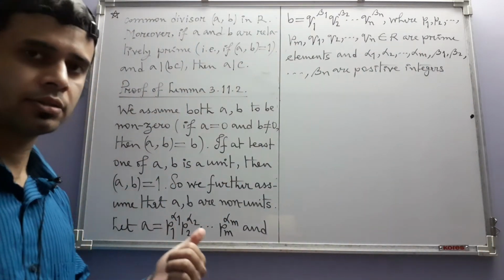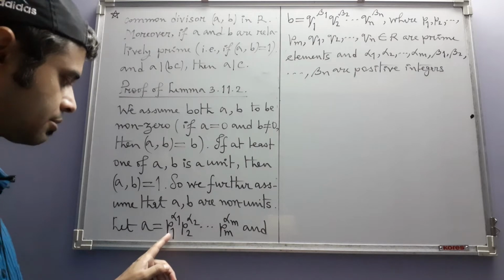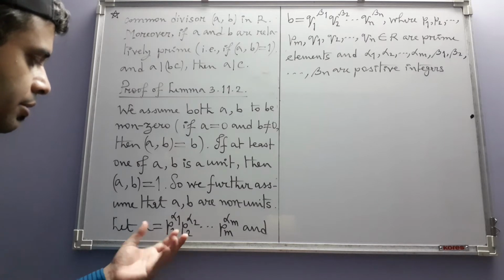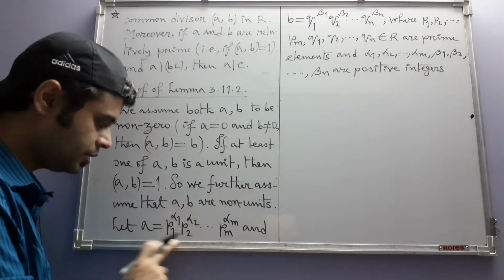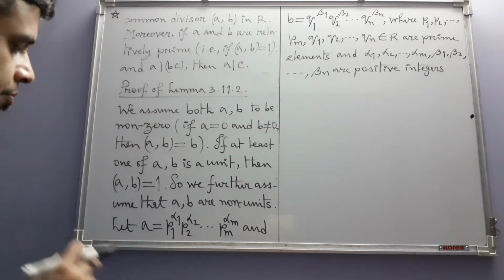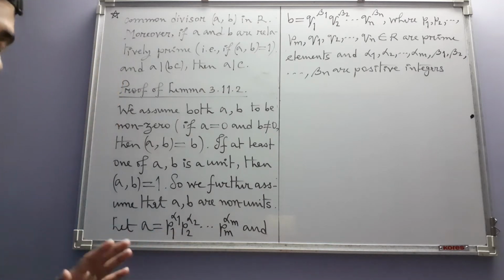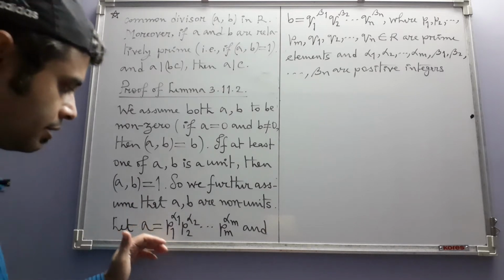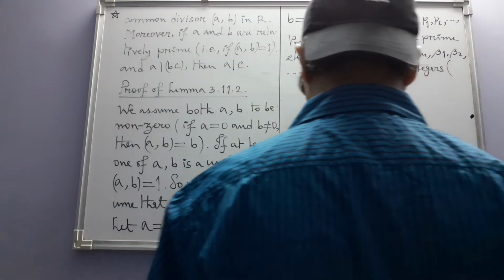Now since we are considering powers of prime elements, it makes sense to assume that these Pi's are actually distinct. If they are not, say if P1 is actually equal to P2, then in place of this part of the product, we can write P1 to the power alpha 1 plus alpha 2. So we can conveniently assume that they are distinct. However, distinctness does not mean literal distinctness, but that these are not associates. Okay, so that we mention here.